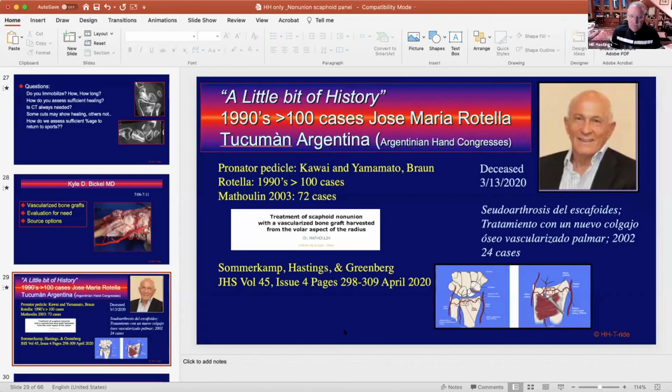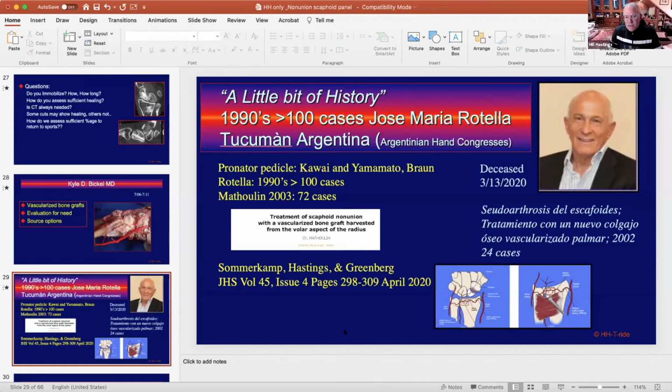Had a couple of questions that have come up, so I'll go over a couple things, and in the sake of time, I may pass through a couple things. So one person asked, they've heard of Chris Mateline's volar graft. Certainly he popularized this technique in the European and North American literature.